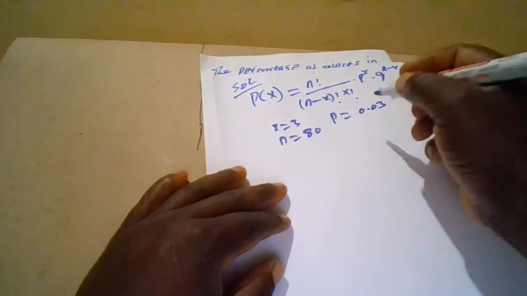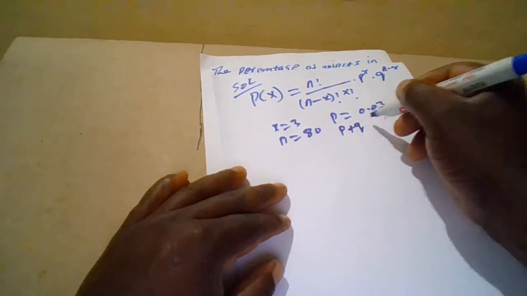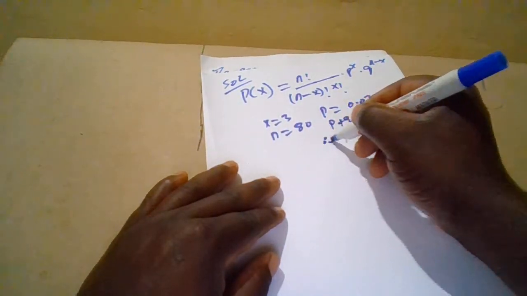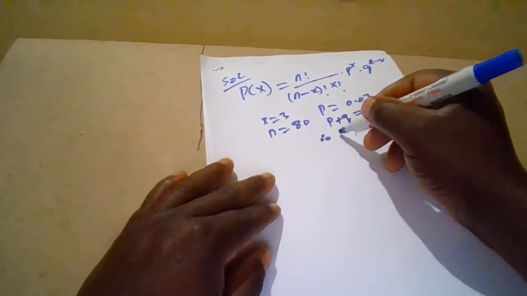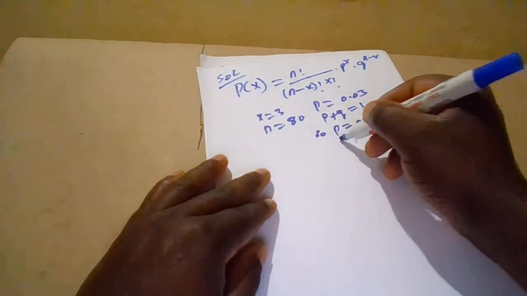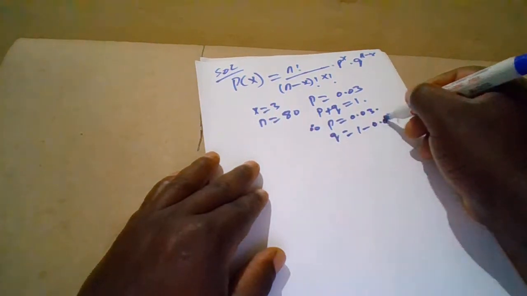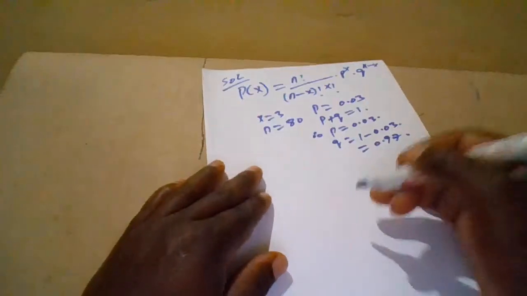Now we know that the probability of success plus the probability of failure must give us 1. So when p equals 0.03, q will be equal to 1 minus 0.03, which equals 0.97.